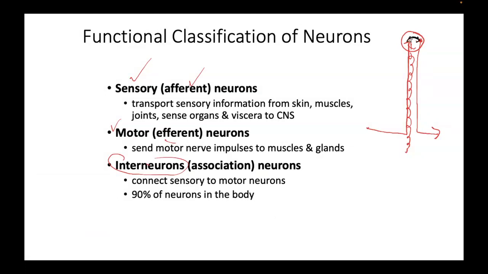Where's the bridge between these two? Because the sensory information came in and then motor information came out, the sensory had to relay that information to the motor side. So that relay, the relay man, is known as an interneuron or an association neuron.